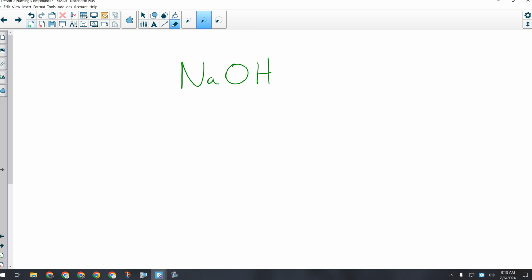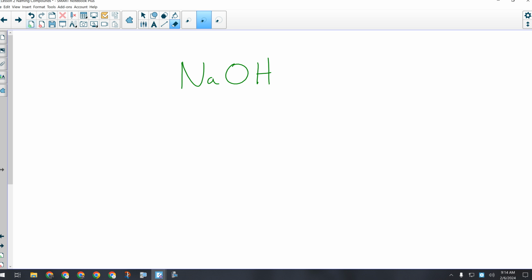It doesn't look like it, because up until now, in your experience, ionic compounds contain a metal and a nonmetal. This contains a metal and 2 nonmetals. But actually, this is still a binary ionic compound. It contains a metal and a polyatomic ion. Polyatomic means many atoms, so it is still a charged set of particles.